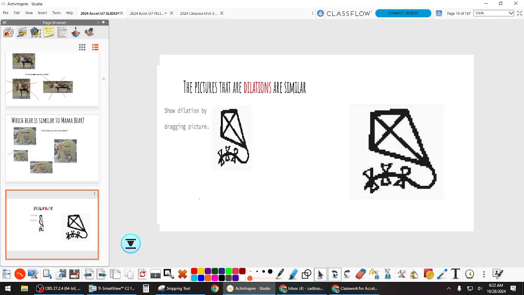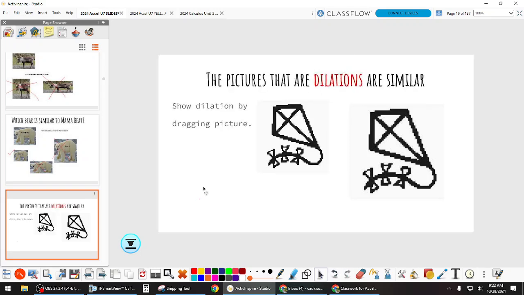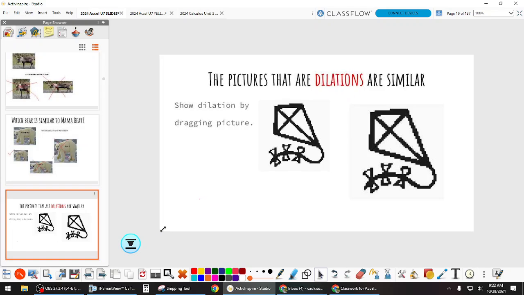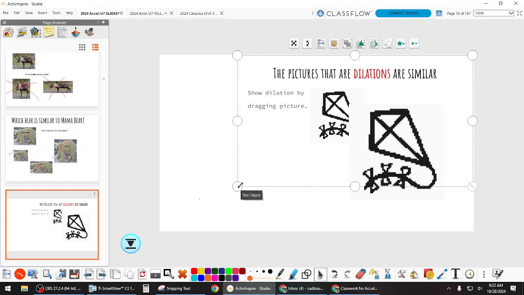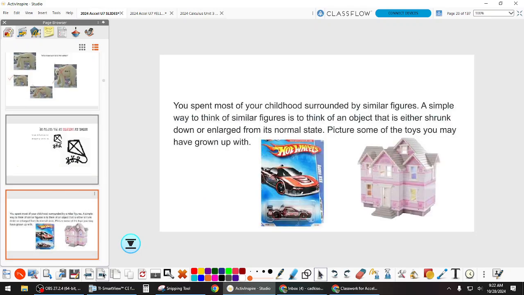How do you make it be the same? I have to change both dimensions by the same amount, so it's going both vertical and horizontal. You've all done that, right? Probably 8,000 times dealing with photos. You've spent most of your childhood surrounded by similar figures, in fact.